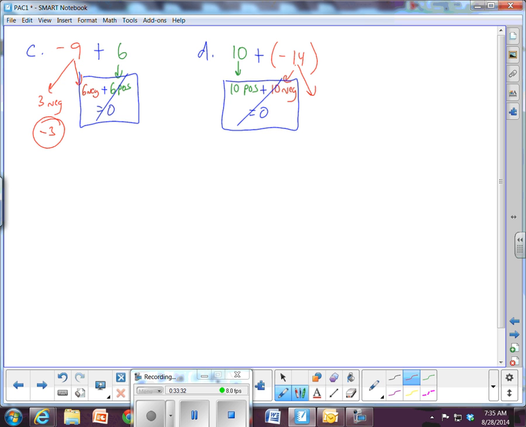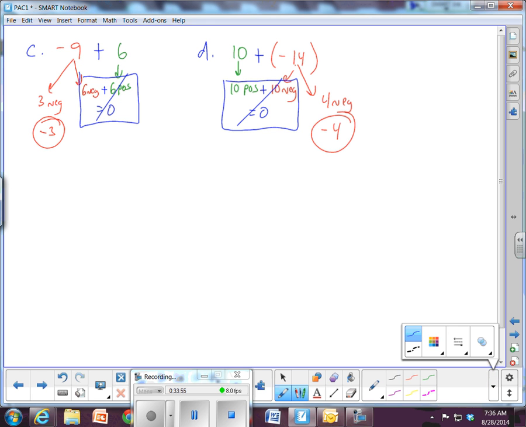How many are left? 4 negatives. So that's my solution, -4. Hey, that's the way these go. And again, once you get it down, hopefully never again will you have a problem with positive and negative numbers.